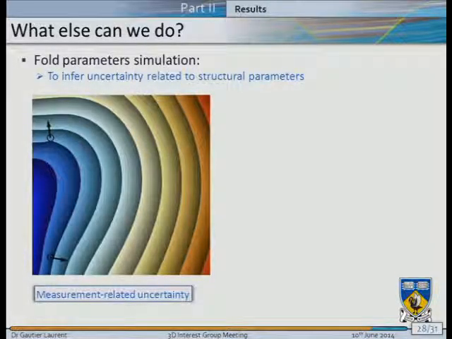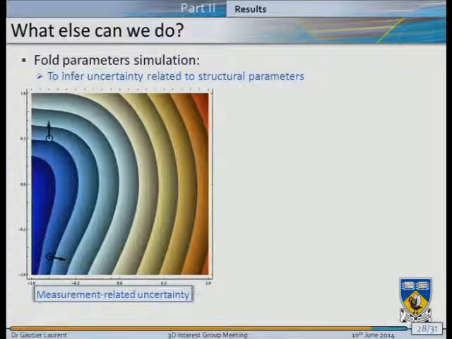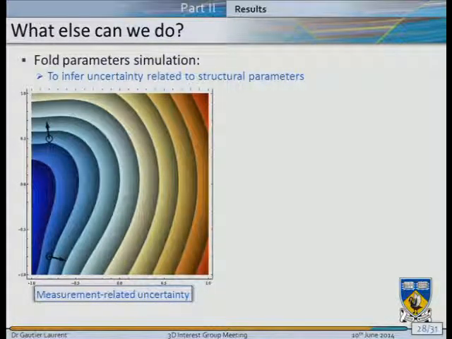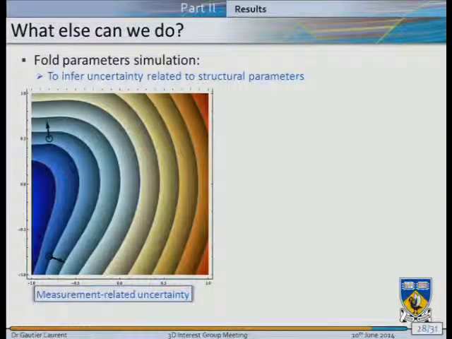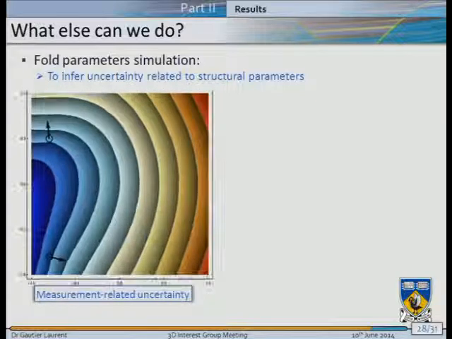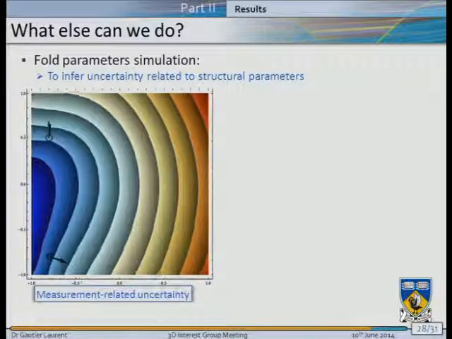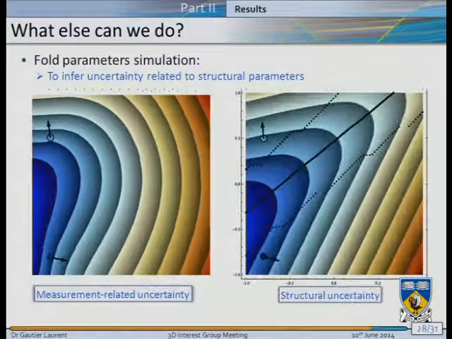What else can we do with that? We could play doing some simulation to do some uncertainty study then. So for example, if you consider the different models you can make by changing the data by a certain amount, you get some variations of the model here. But we could do the same using the structural parameters, so changing what the type of fold could be.